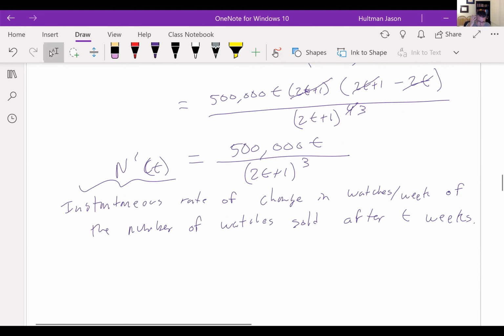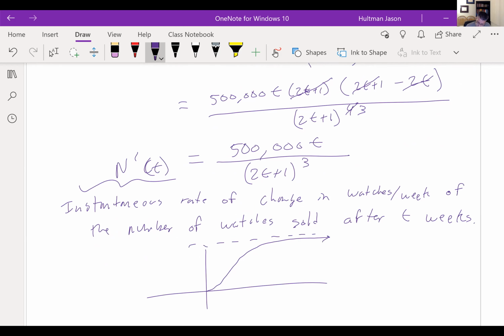Okay, and so what does the original function kind of look like? It kind of looks like this. Right, and it's like after a certain number of weeks, we're really not selling that many more watches. The total number of watches sold plateaus there.